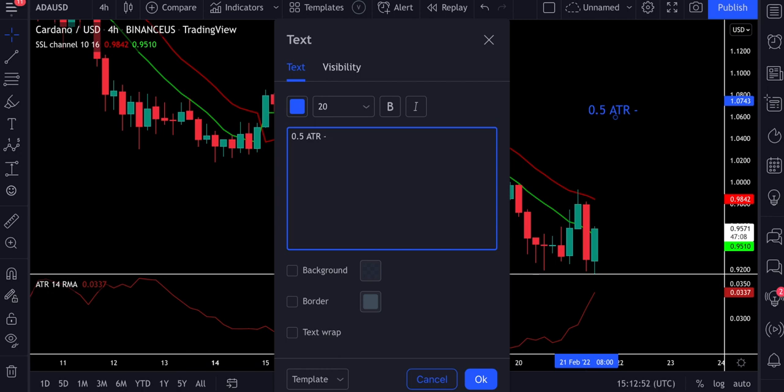Our ATR is at, let's say, 25, so 0.5 of that is going to be 0.013. 1.5 ATR, which is our stop loss, is at 0.037, just like we said. Now we need to know the 2 ATR value. If the ATR is 25, the 2 ATR value is going to be 50, or 0.050.